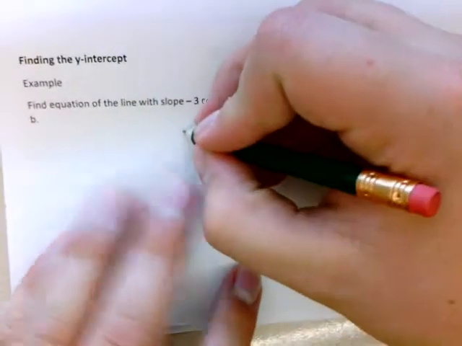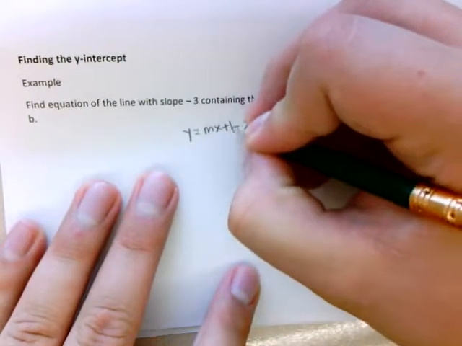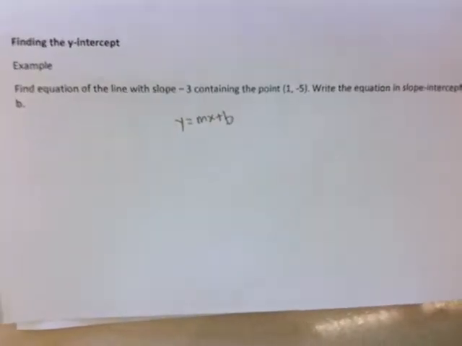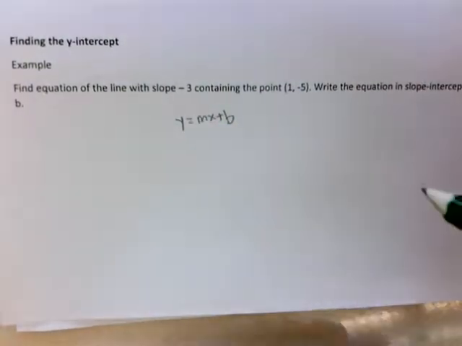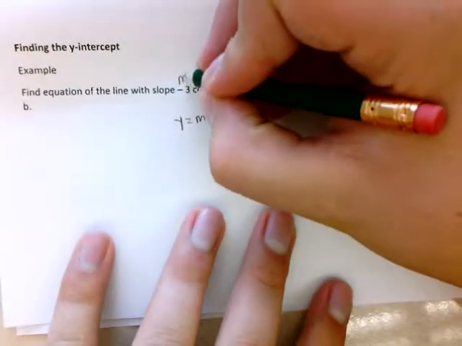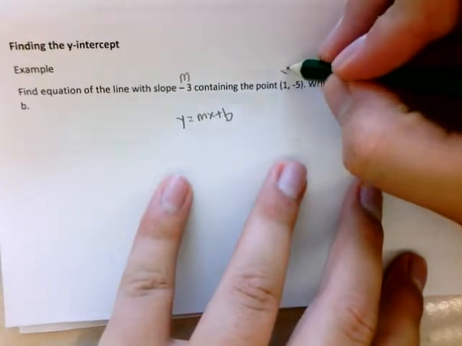But we can do something that's just like it. Remember, we're trying to get into the y equals mx plus b. Well, right now, let's see what we actually have. We have the slope, our slope is our m. We have our x, which is our 1.